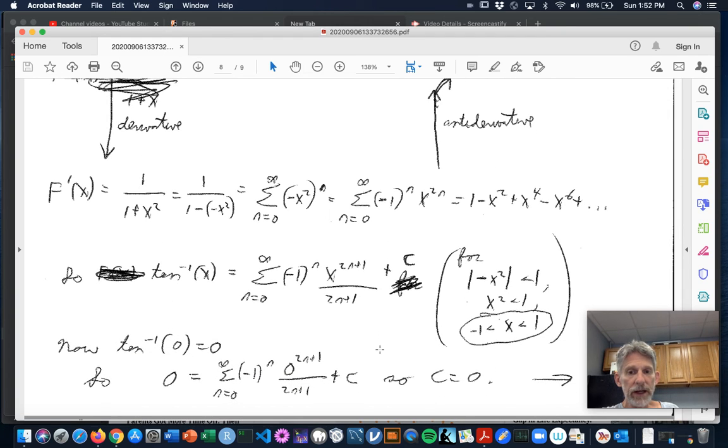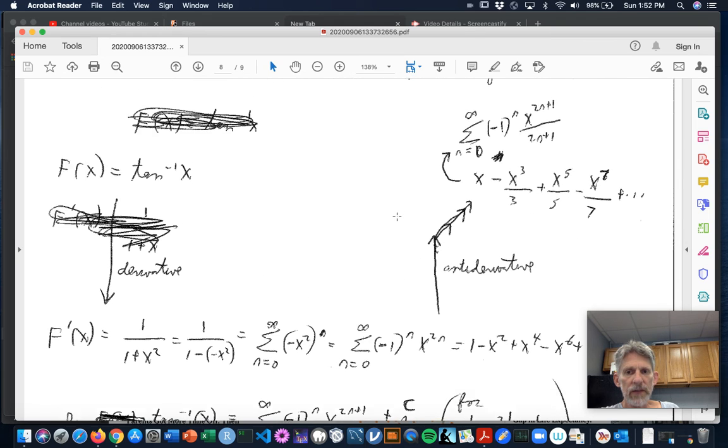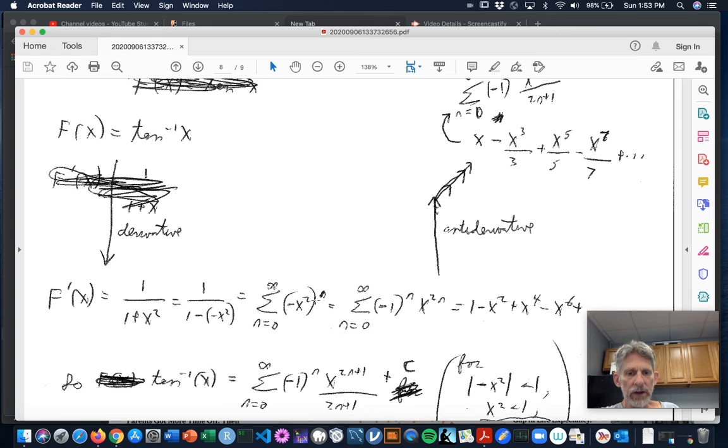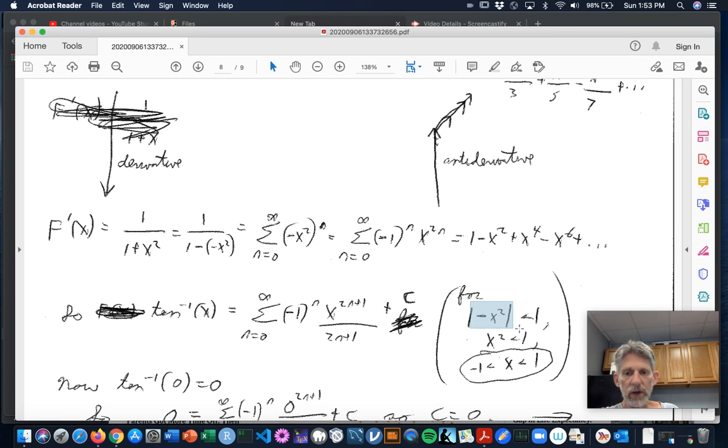I also need to remind myself that that equality only works where the ratio in the geometric series is less than 1. So it only works when the absolute value of minus x squared is less than 1, which is to say that x squared is less than 1, which is to say that x is between minus 1 and 1.